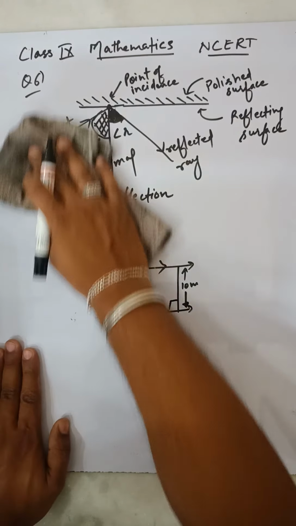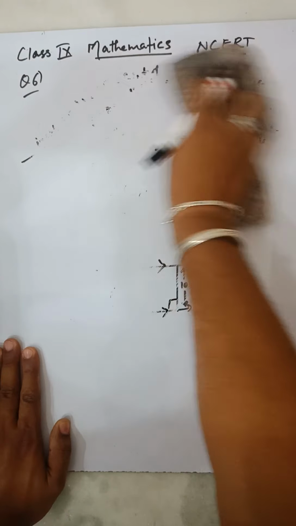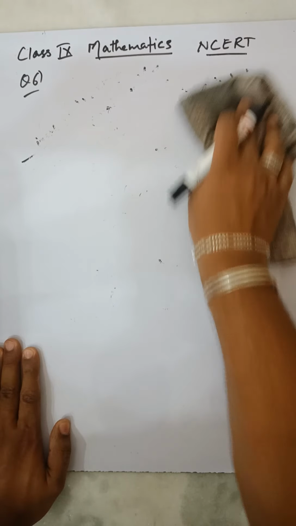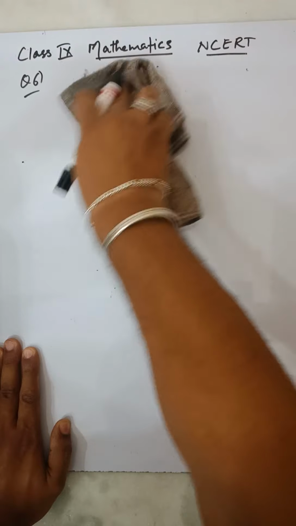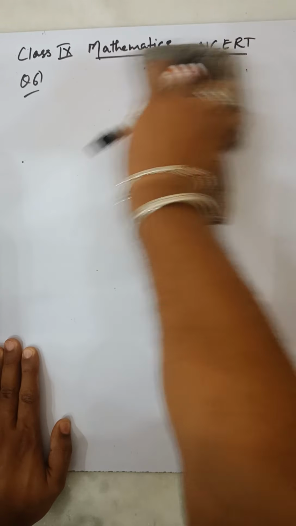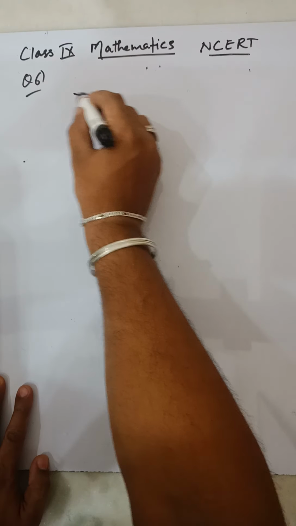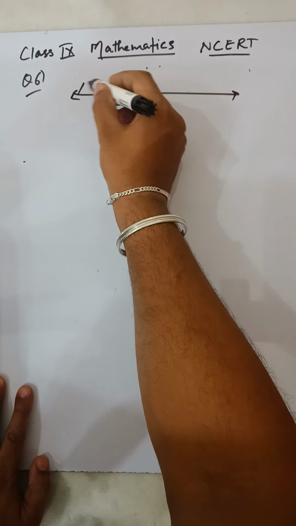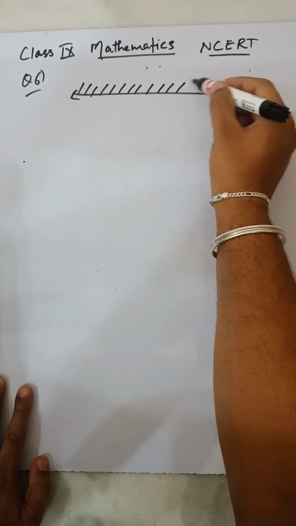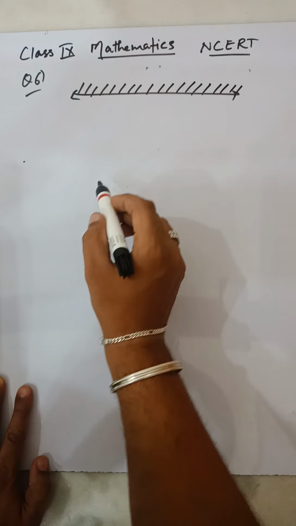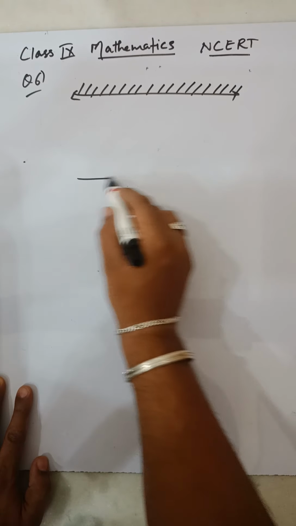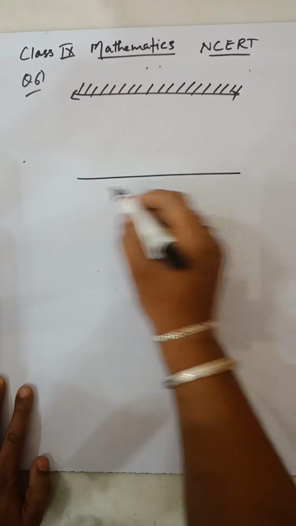Let me clarify the question. In this question we are given two plane mirrors that are placed parallel to each other. One has its reflecting portion on this side and the other has its reflecting portion on this side.